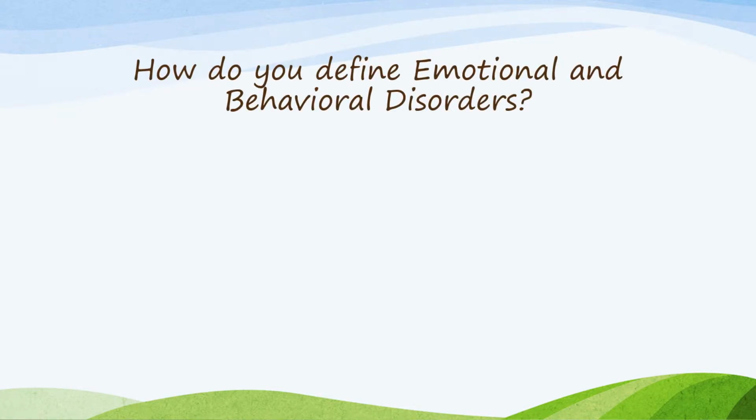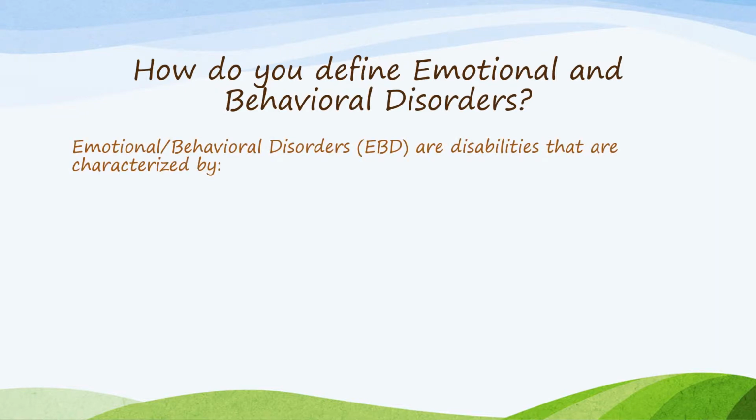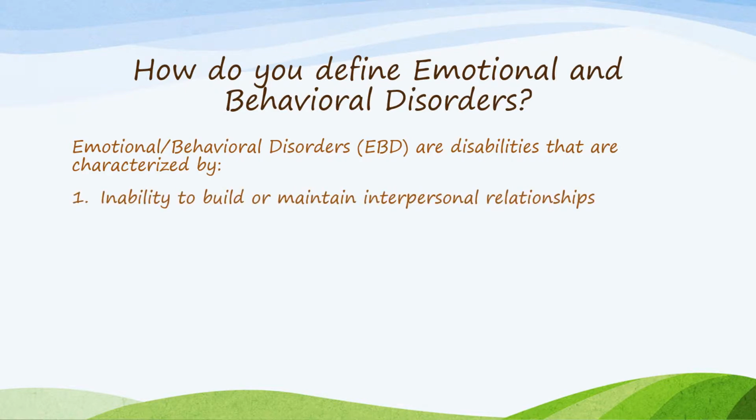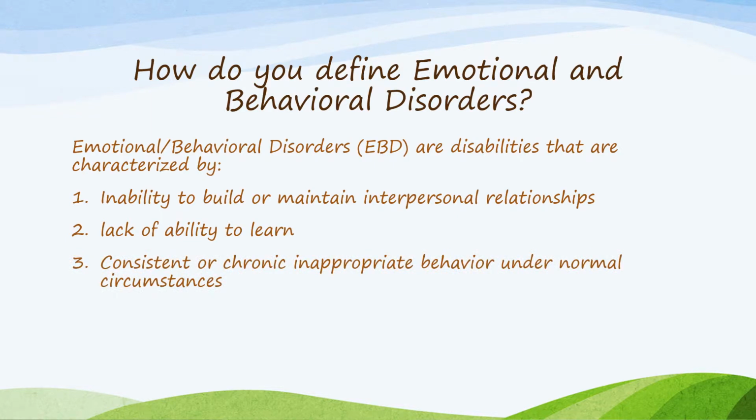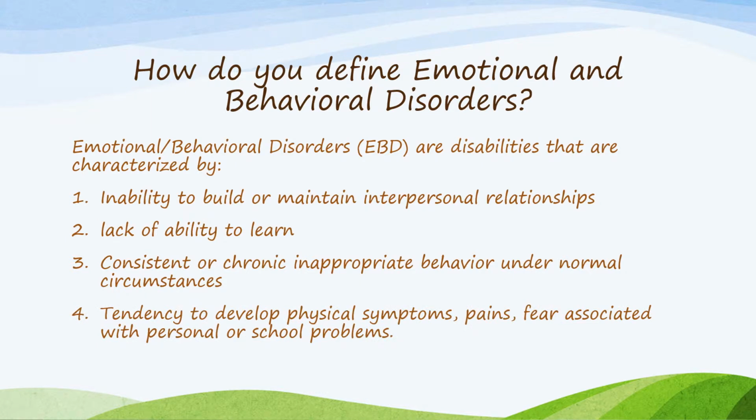To begin, let's address how do you define emotional and behavioral disorders? Emotional behavioral disorders, also known as EBD, are disabilities that are characterized by the inability to build or maintain interpersonal relationships, lack of ability to learn, consistent or chronic inappropriate behavior under normal circumstances, and the tendency to develop physical symptoms.